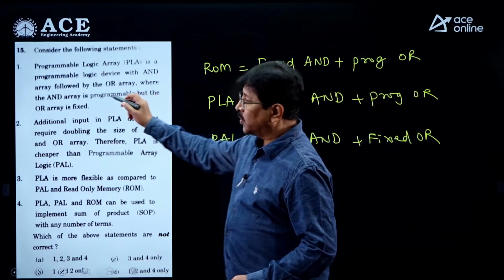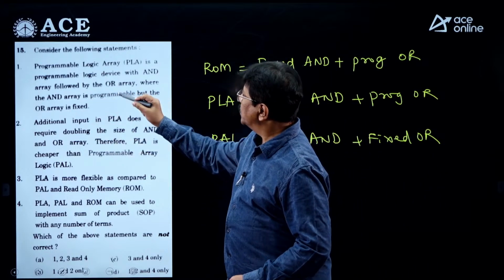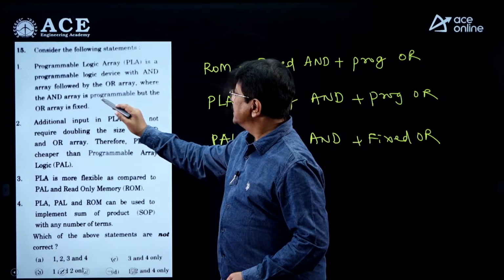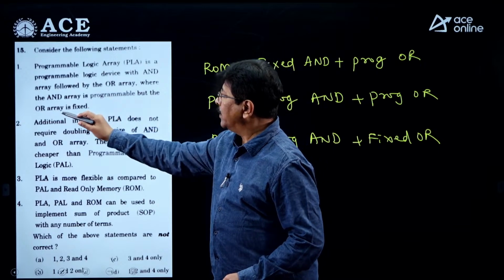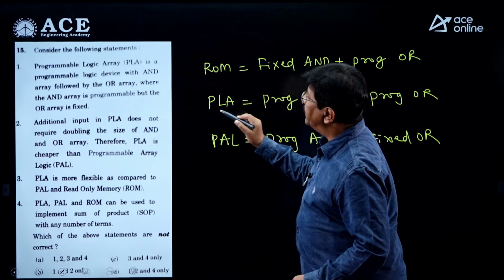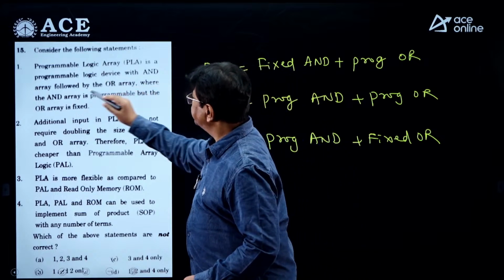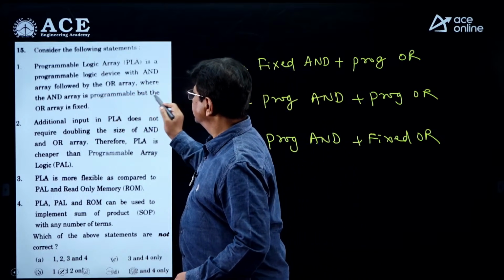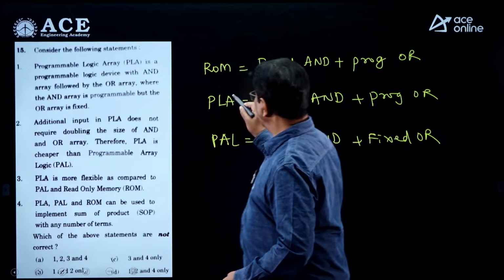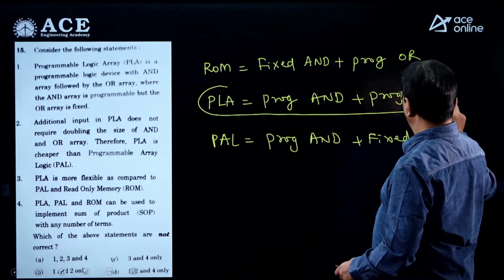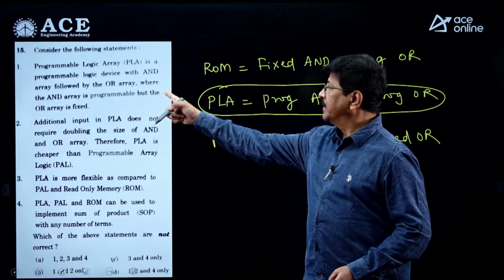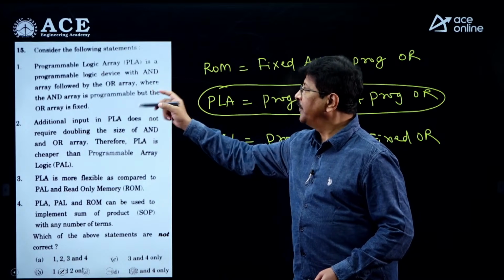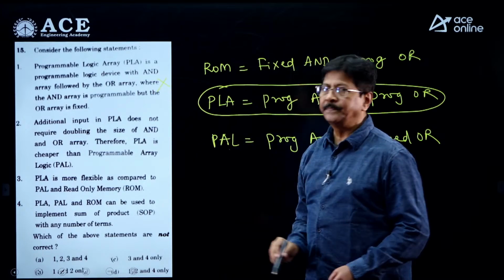Why is the first one wrong? Let me tell you. The reason is he told PLA is programmable at the AND level and OR level. If you see the PLA, both of them are programmable. But in the first statement, he told that the OR array is going to be fixed, hence it is incorrect.